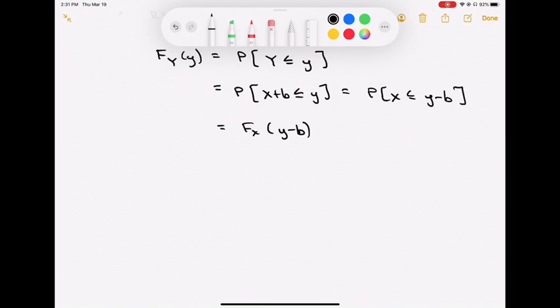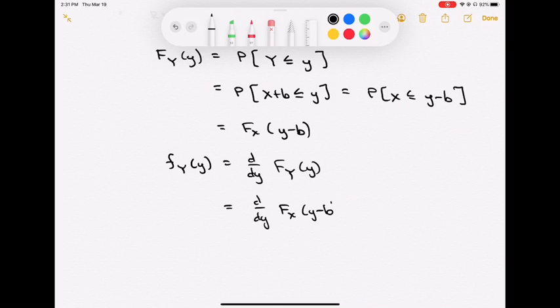If I want to finish the case out, so I find the probability density function, little f sub y of y, we know that that's the derivative with respect to y of whatever our CDF is, Fy of y in this particular case. I'm going to go ahead and plug in what is Fy of y. So this is d/dy of Fx of y minus b.